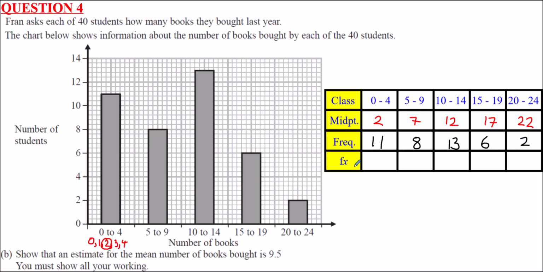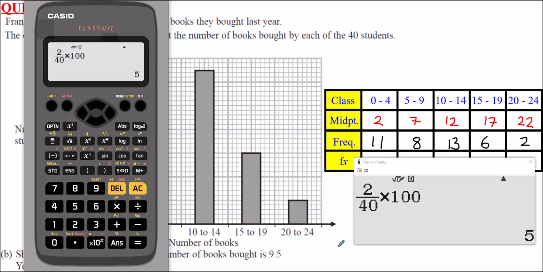I now think of this last one as midpoint times frequency, but some teachers and some schools think of this as FX, frequency times midpoints. So here, first one, 2 times 11 is 22. The next one, 7 multiplied by 8, that gives us 56. This next one, 12 multiplied by 13, if in doubt use a calculator, I believe that's going to be 156.